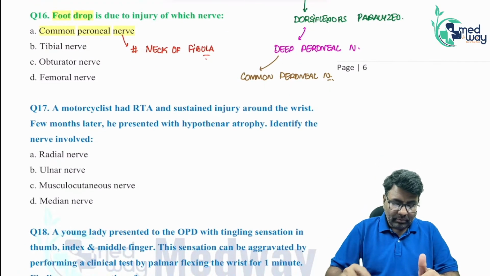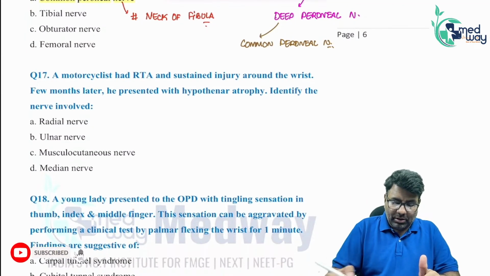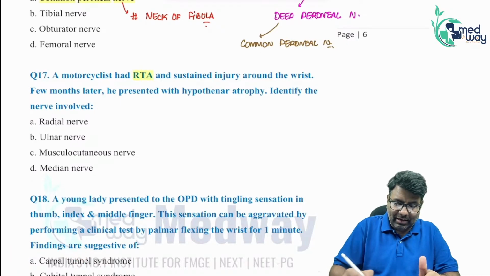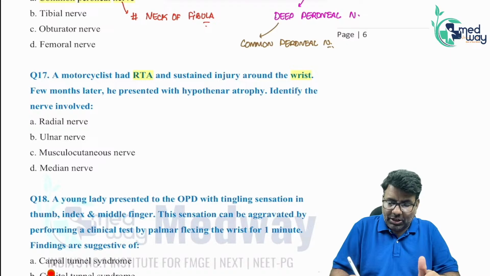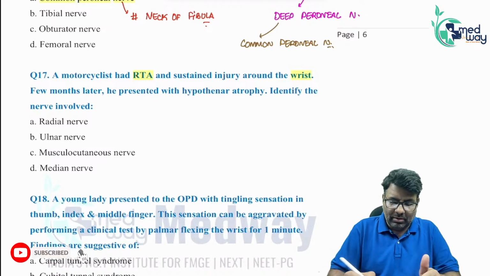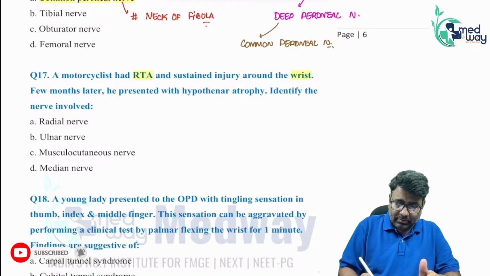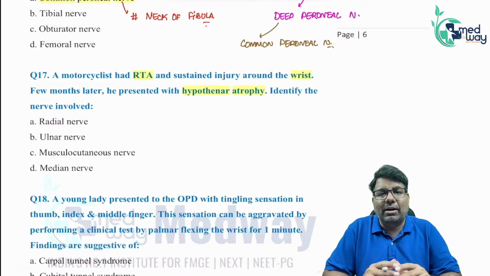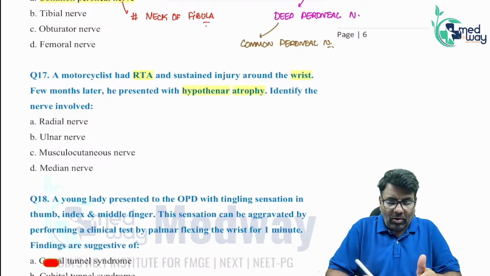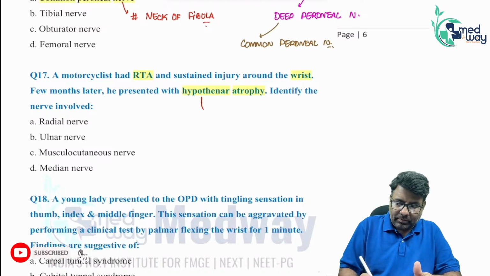Right. Then next question: a motorcyclist has a road traffic accident and has some injury around the wrist, and later on he developed hypothenar atrophy. Now the hypothenar area is below the little finger.